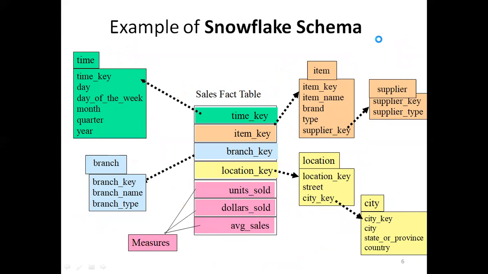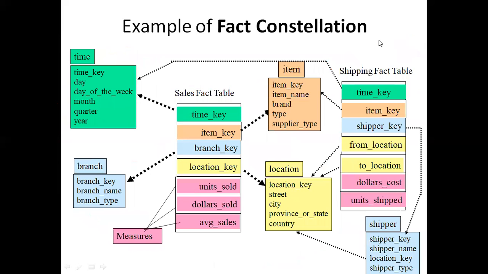It is clear. Now coming to the next one, that is known as fact constellation. What is the name of it? Fact constellation schema. Now we have already seen the star schema and snowflake schema.